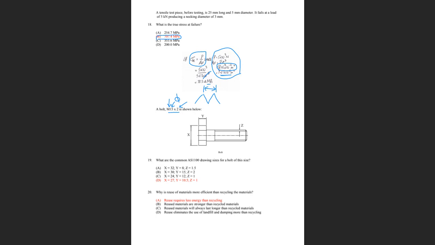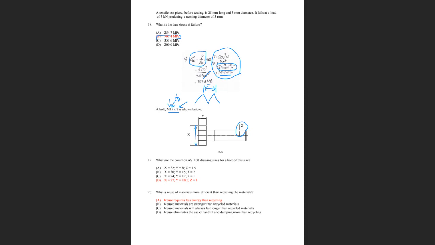Okay. And here's Z, which is the pitch, and the convention for pitch on a drawing is pitch divided by 2, so that'll be 1 millimeter there. So let's have a look. You can see that this X is 1.8 D. So 1.8 times 15 is 27.